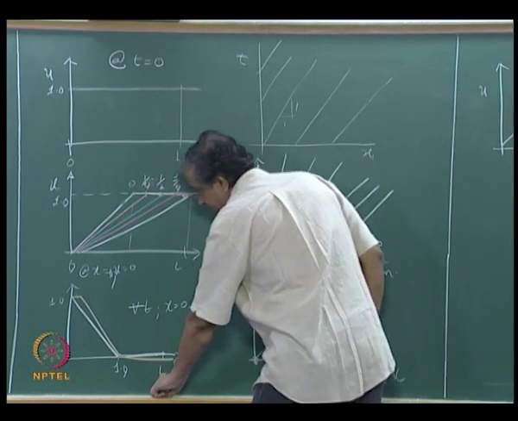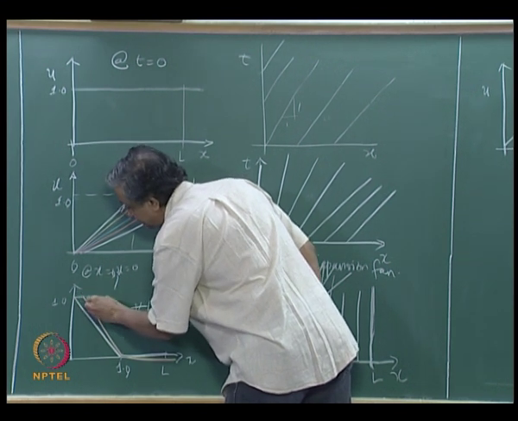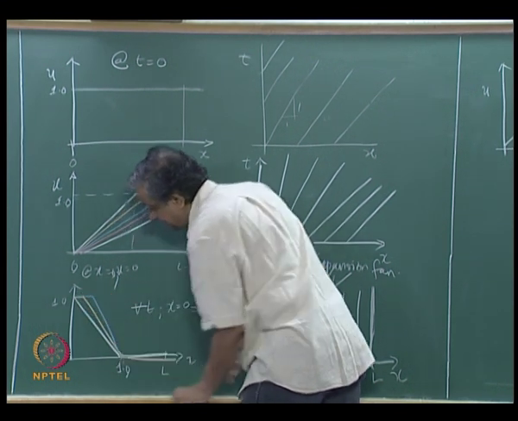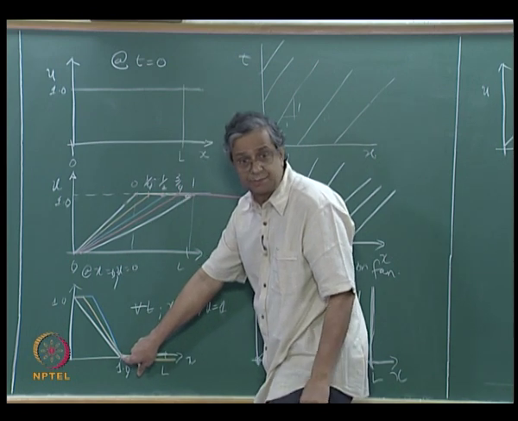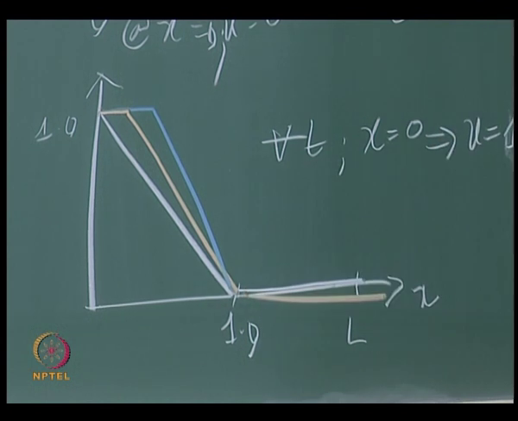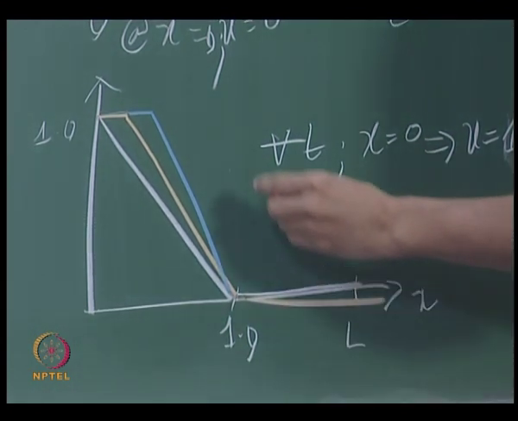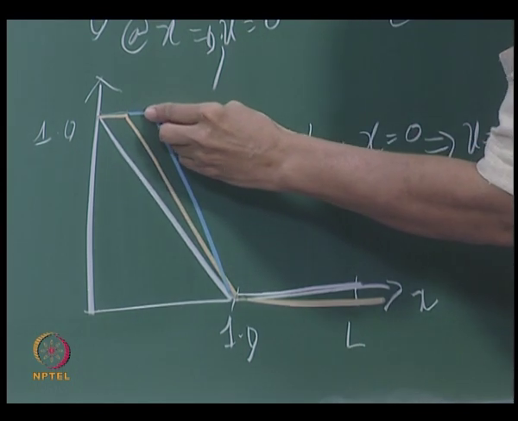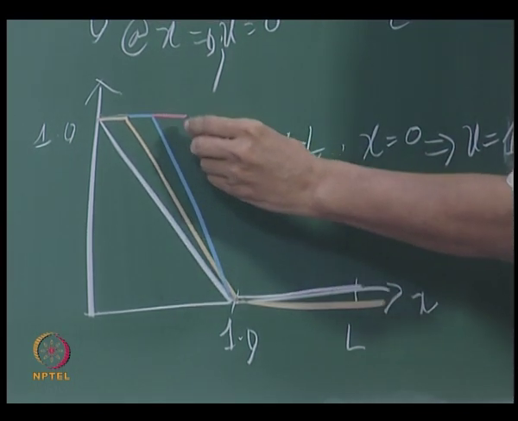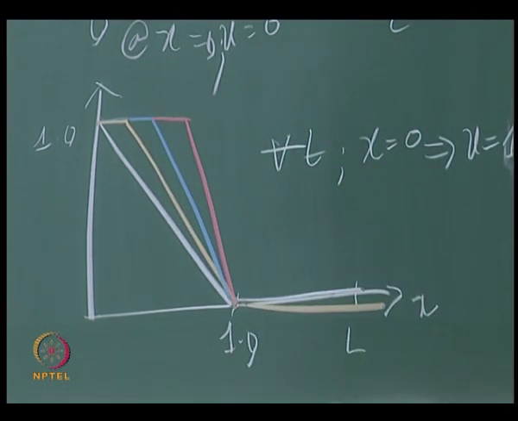If I waited a little more time, then I would get a solution like this. It is going to go through 0 because these are all stagnation points, they are not moving, those points to the right are not moving. And if you waited a little more time, you would get that.